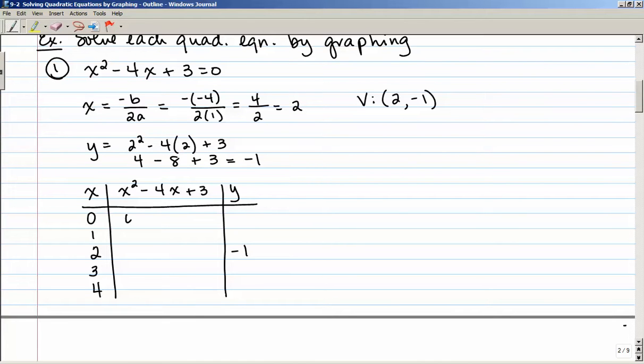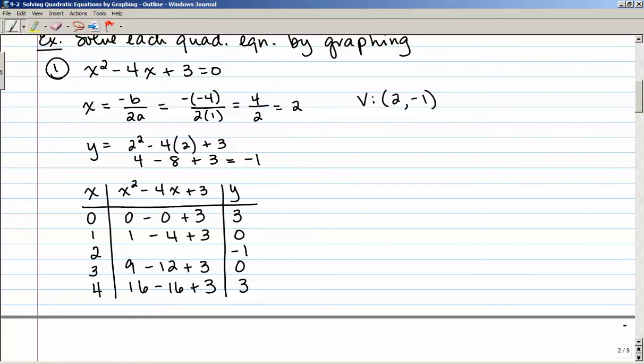When I plug in 0, that's actually pretty easy. I get that y equals 3. When I plug in 1, 1 squared is 1, minus 4 plus 3, that gives me a 0. When I plug in 3, I get 9 minus 12 plus 3, and that gives me a 0. And when I plug in 4, 4 squared is 16, minus 4 times 4 is 16, plus 3, that gives me a 3. So there's the values of my table.